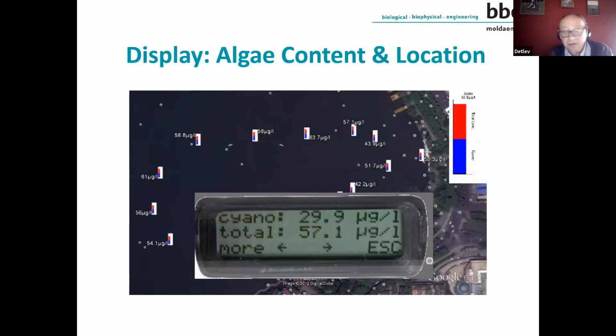We included this information, for example, in Google Earth. You can see here, when you go around with this AlgaeTorch and determine the cyanobacteria, you get the information about the content of cyanobacteria, chlorophyll A, and total chlorophyll A. And if you want to get more, you also get the turbidity and the timestamp and the coordinates, of course.